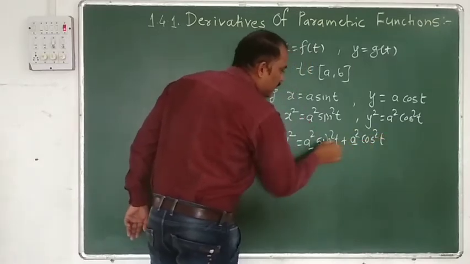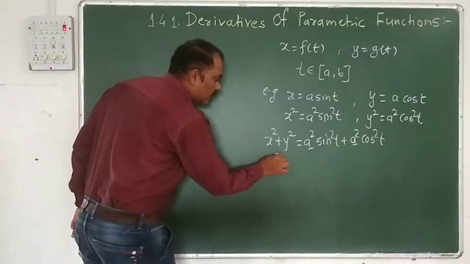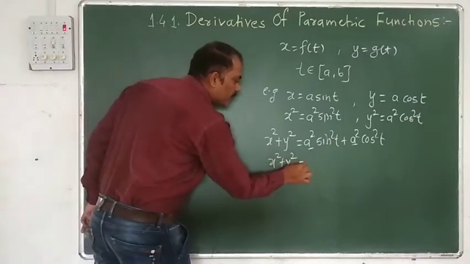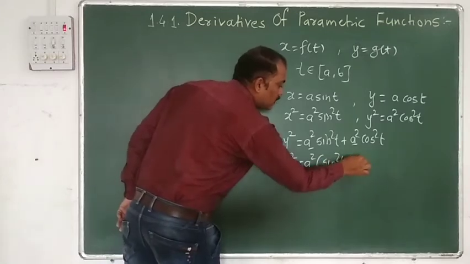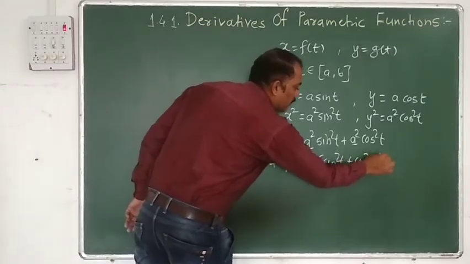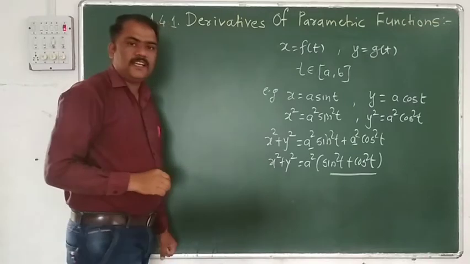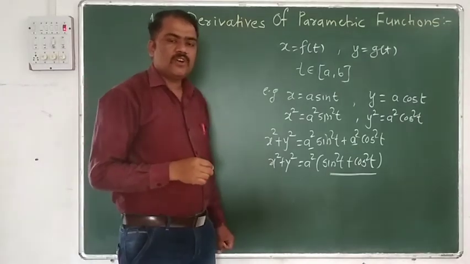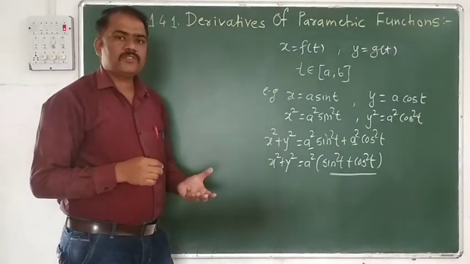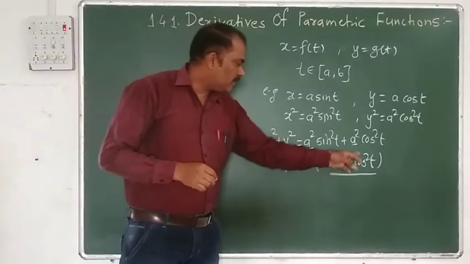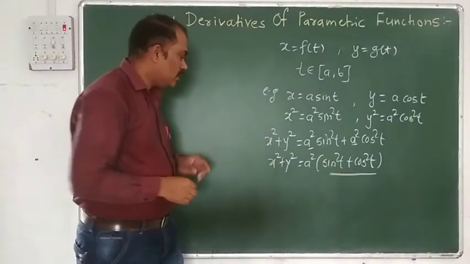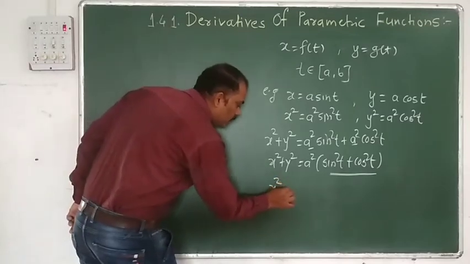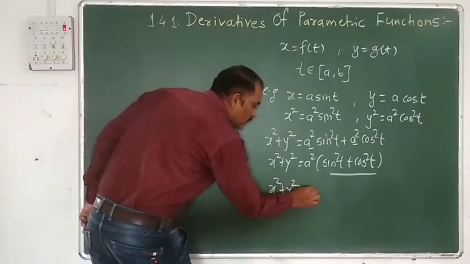Taking a square common, x square plus y square is equal to a square into sin square t plus cos square t. We have to know that it is a standard identity: for any value of t belonging to the set of real numbers, sin square t plus cos square t is nothing but 1, so we can write x square plus y square is equal to a square.